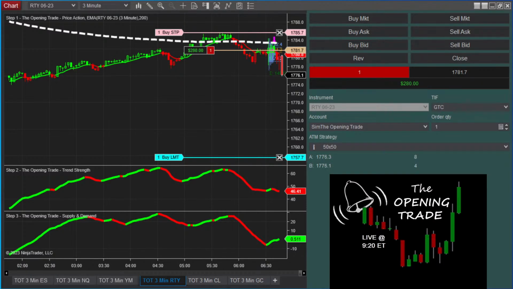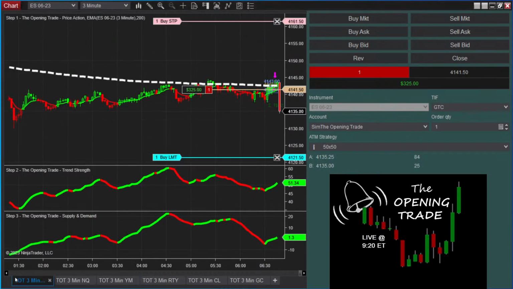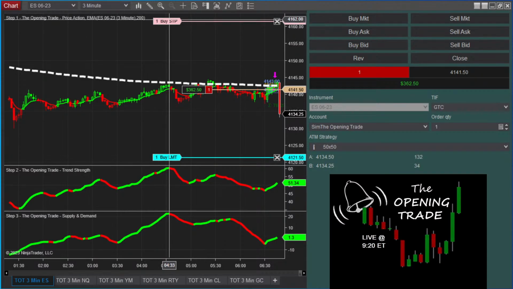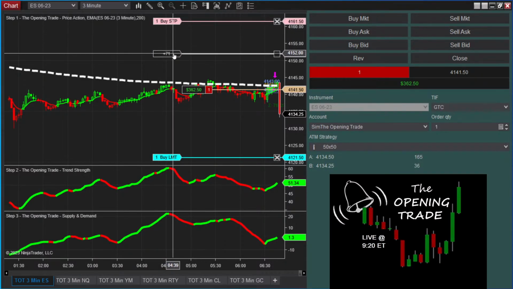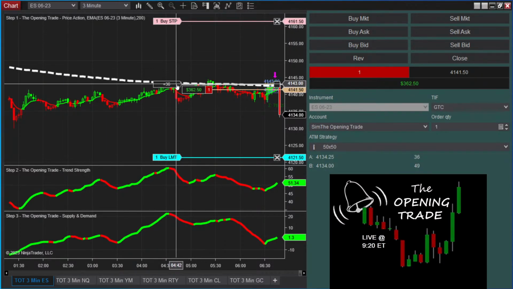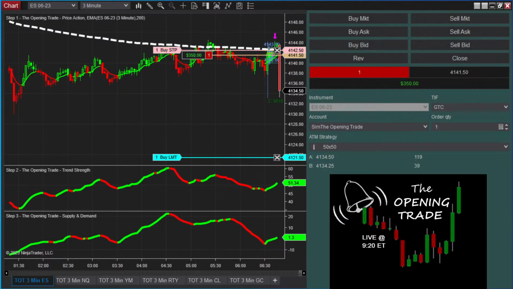So where we have the Russell going, the S&P. Okay, so the S&P 500, I should have been paying closer attention. I need to disable my strategy in NinjaTrader, come over here and manage my stop loss. And I'm going to bring it to the 200 period EMA at this time.